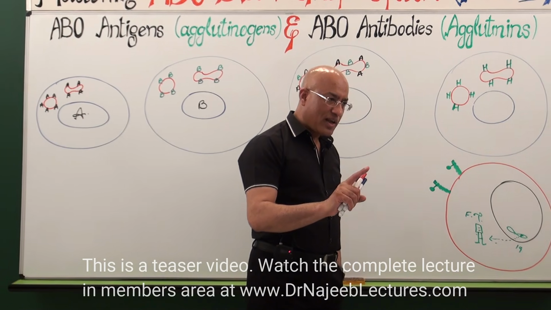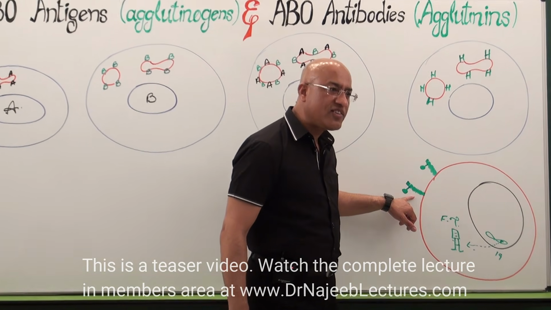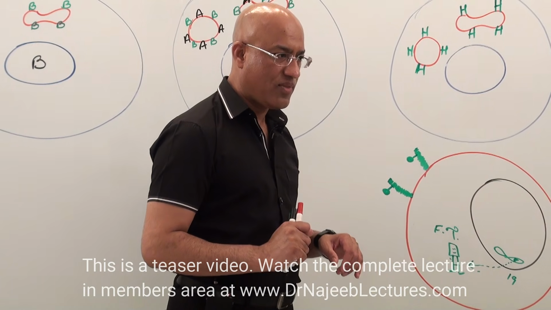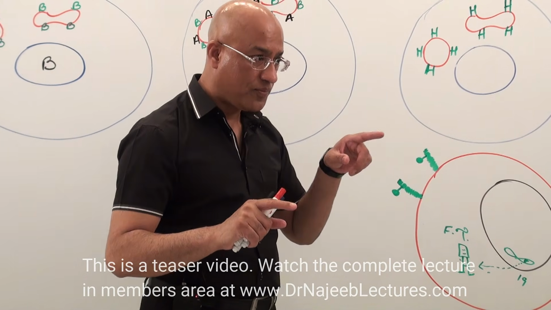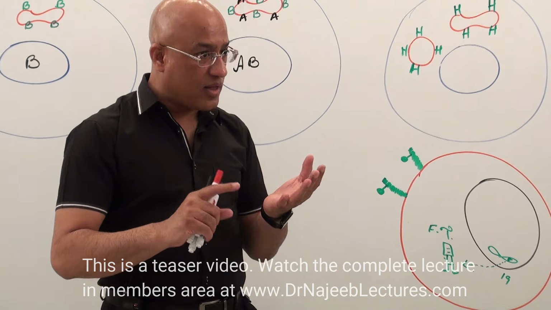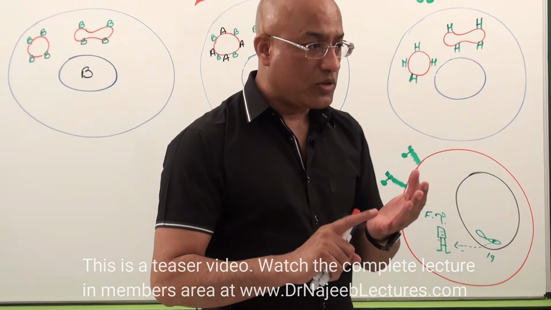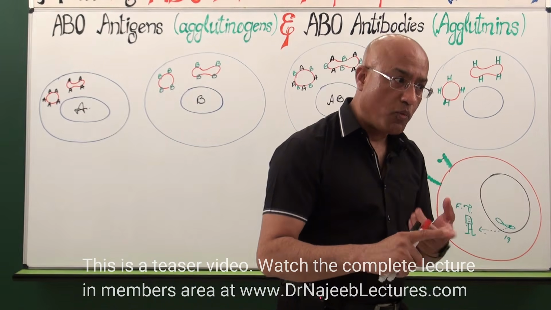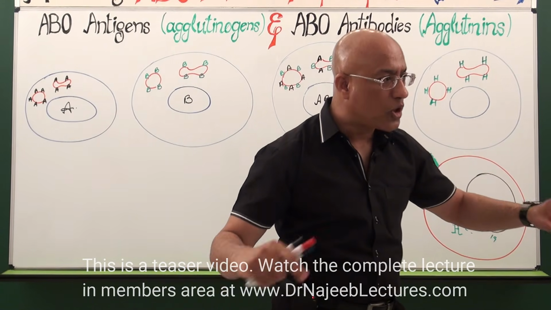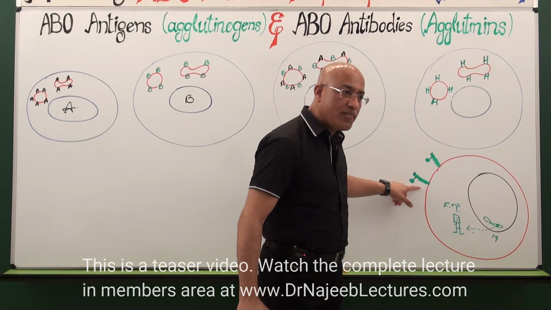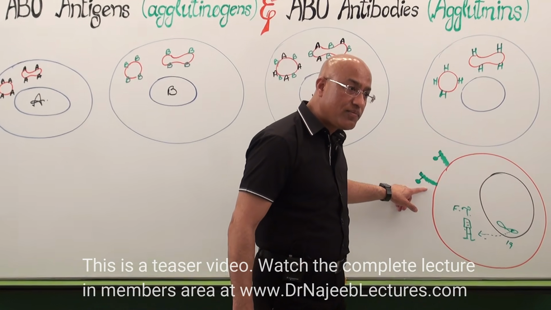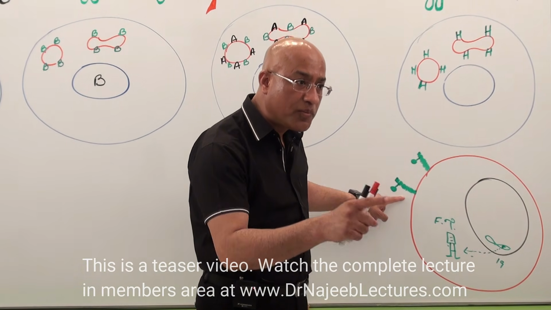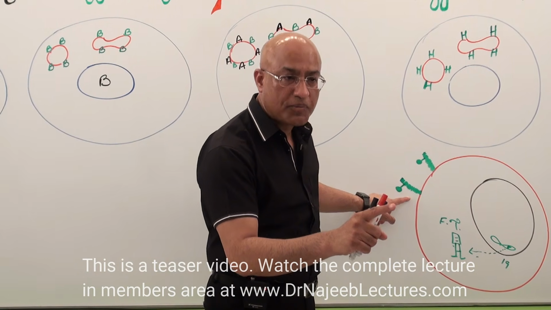Is that clear? Now this expression, this mechanism, happens in everyone's red blood cells. It doesn't matter whether you are blood group A or B or AB or O, whatever your red blood group, you are going to make H substance first. Your erythropoietic precursor cells are going to make H substance, right?